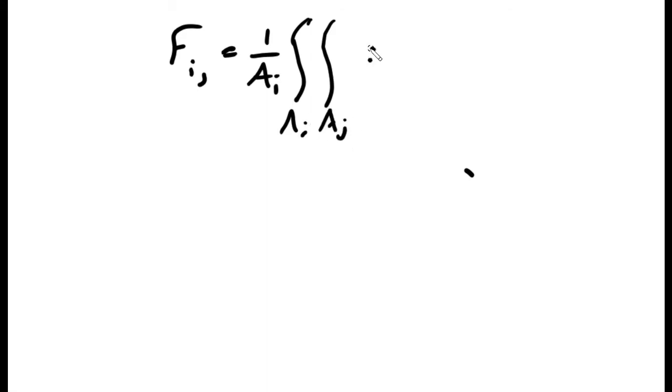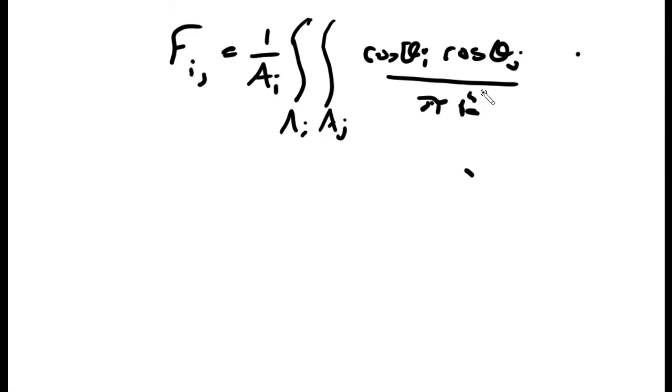Just real quick, let's rewrite that equation to help you get a little more intuitive understanding of what's going on there. Again, we had cosine theta I, cosine of theta j, all divided by pi r squared, times daj times dai.